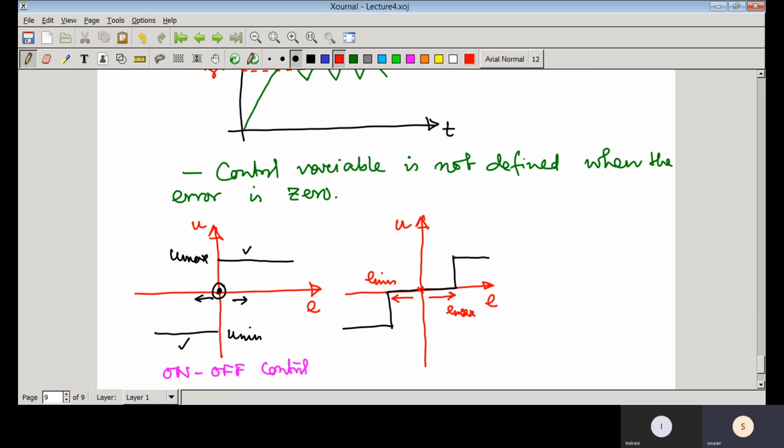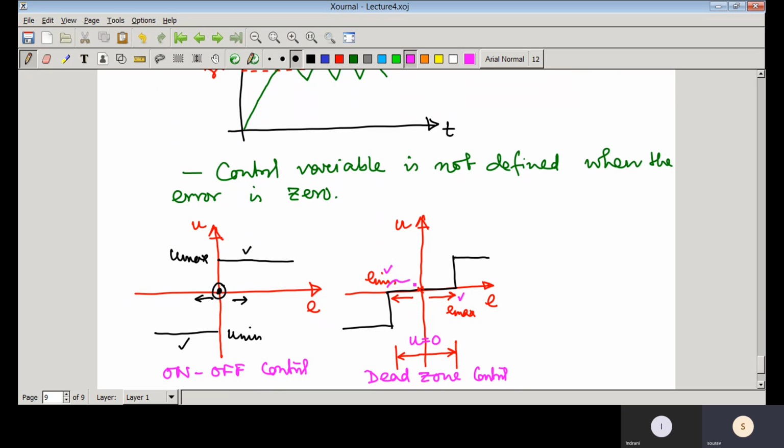When error is inside this band, there is no control input. So when error is between E min and E max, control input equals 0. This particular zone is called the dead zone, and this is the dead zone controller.